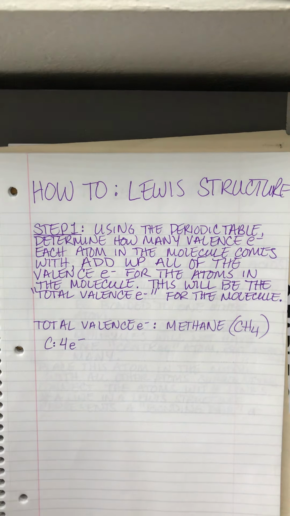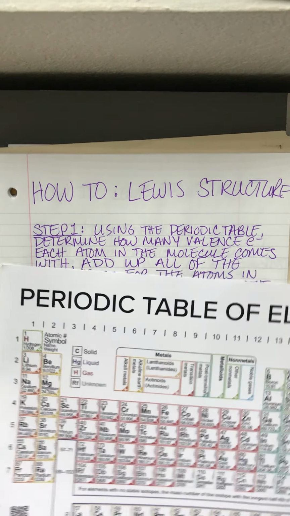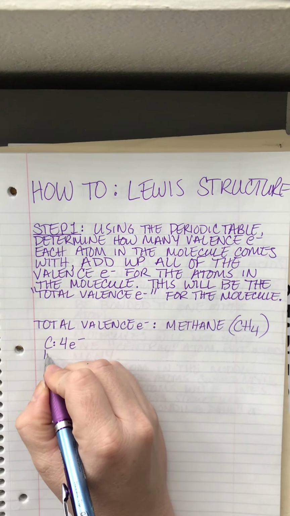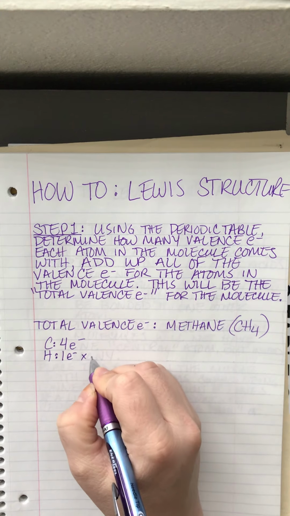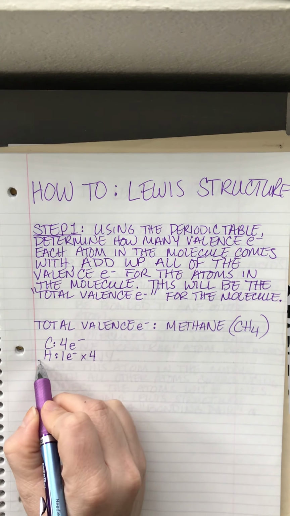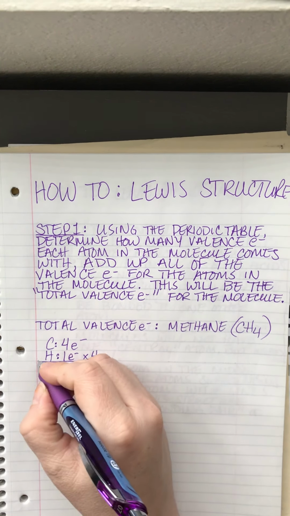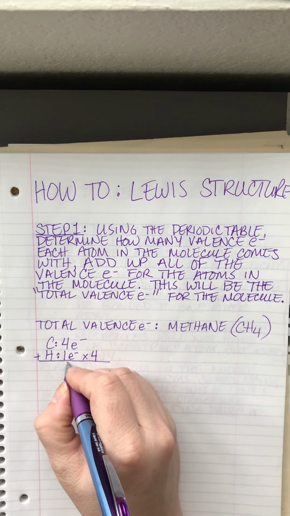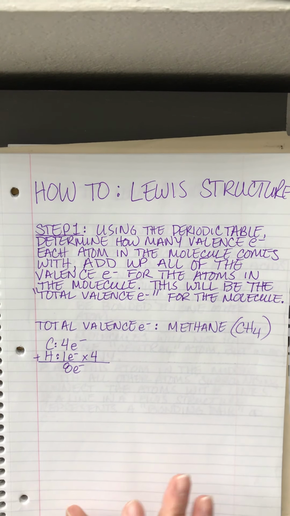And hydrogen, way over here, has 1 valence electron, but there are 4 of them. So we need to multiply its 1 electron by 4. We add those together, and we get 8 total valence electrons.